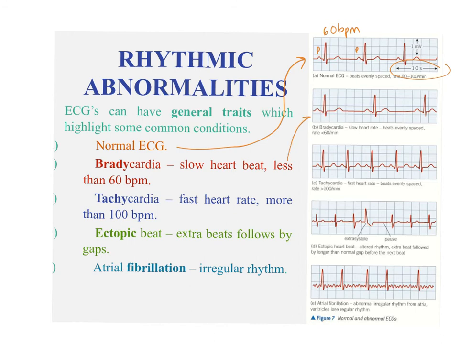However, if you've got a slightly slower heart rate, the beats are going to be more spaced out, so you can identify that by comparing where the P waves are. Remember, the P waves are that first little lump. So from P wave to P wave, you can see compared to normal, in bradycardia, that slowed heart rate means that the P waves are spaced apart even further.